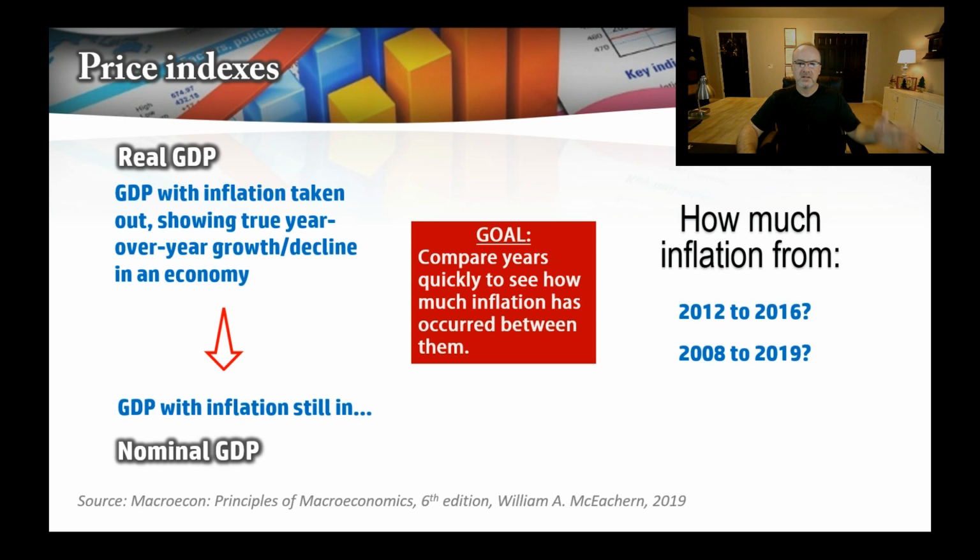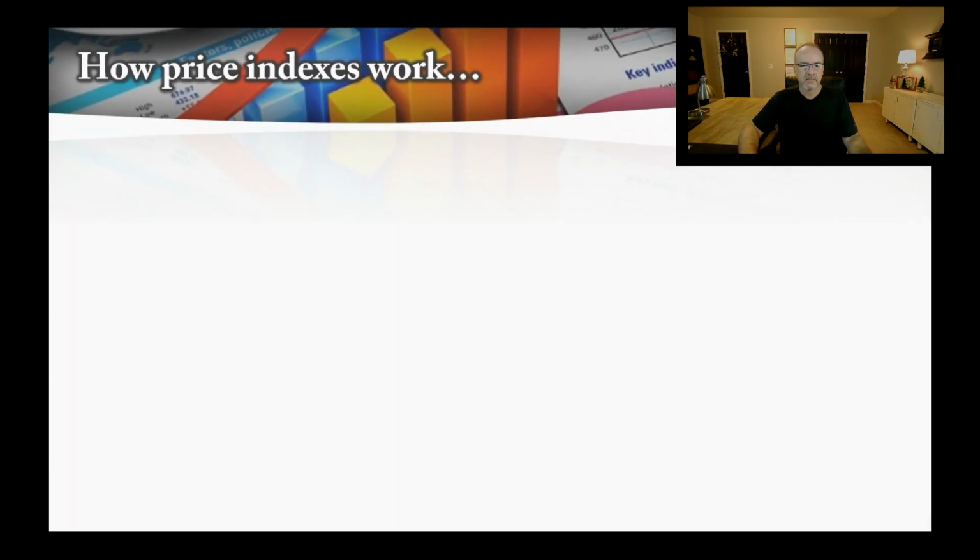Well, instead of having to sit down and add up inflation numbers, there are things that have been created called price indexes, a price index. And what a price index does is it takes every year and it translates it into an index that allows you to compare years very easily. Let me show you how this works.